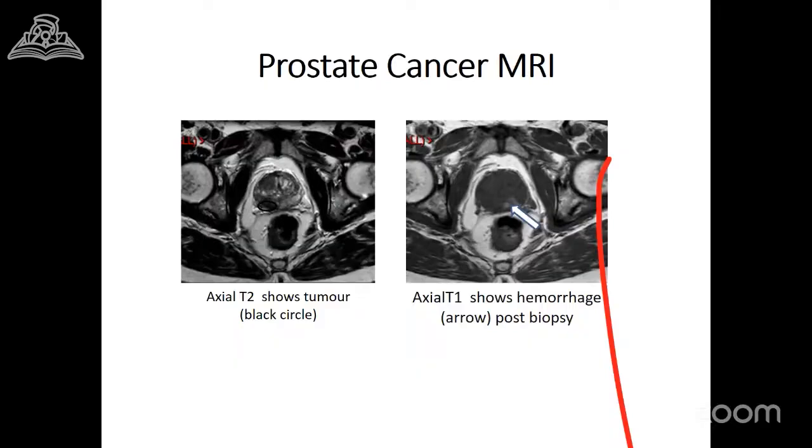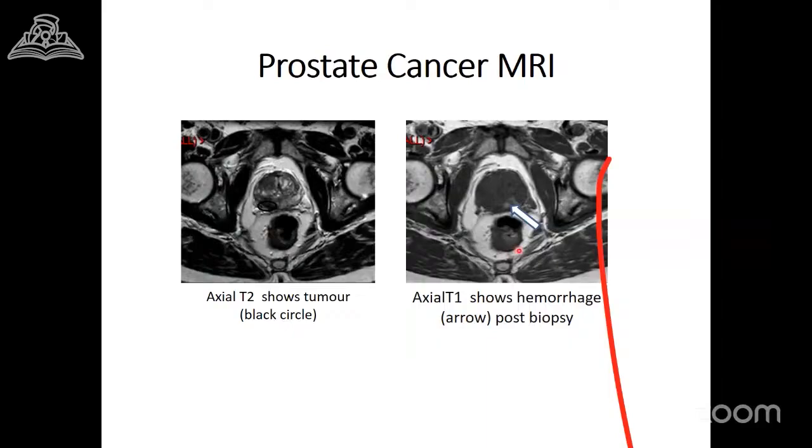On the axial T2 image, the tumor is identified as a focal area highlighted by the black circle. It typically appears as a low signal lesion compared to the surrounding prostate tissue.